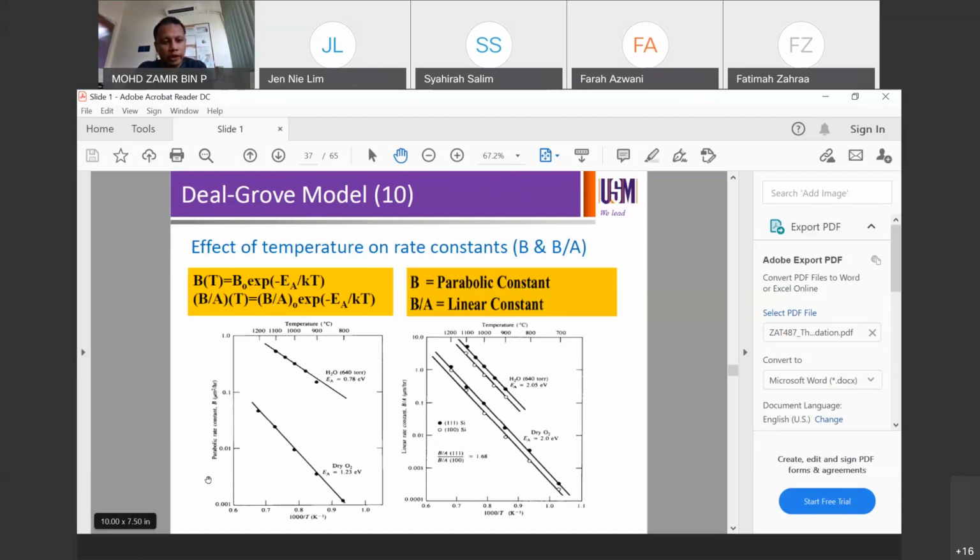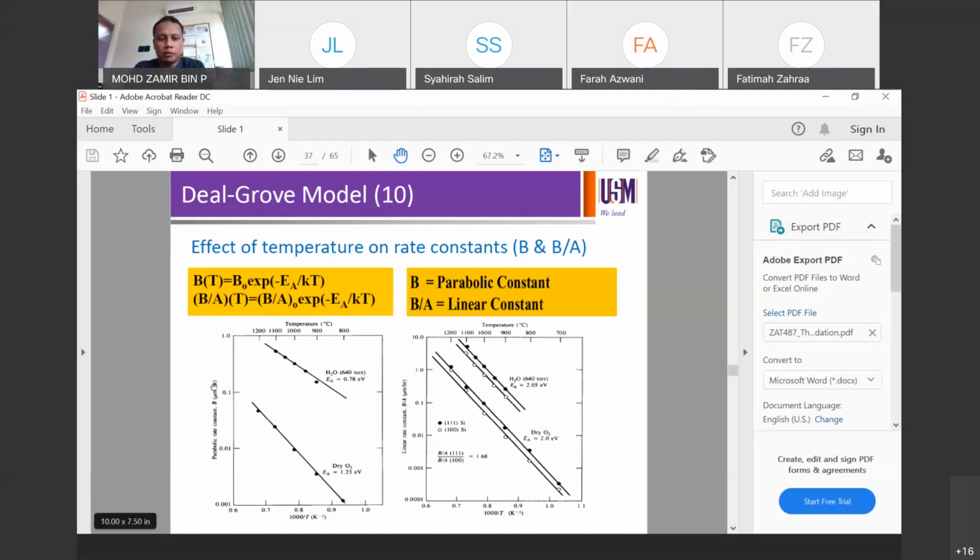That's why your parabolic rate on the left and linear rate on the right get higher when you run at higher temperature. When you run your process at lower temperature, it's going to go lower.